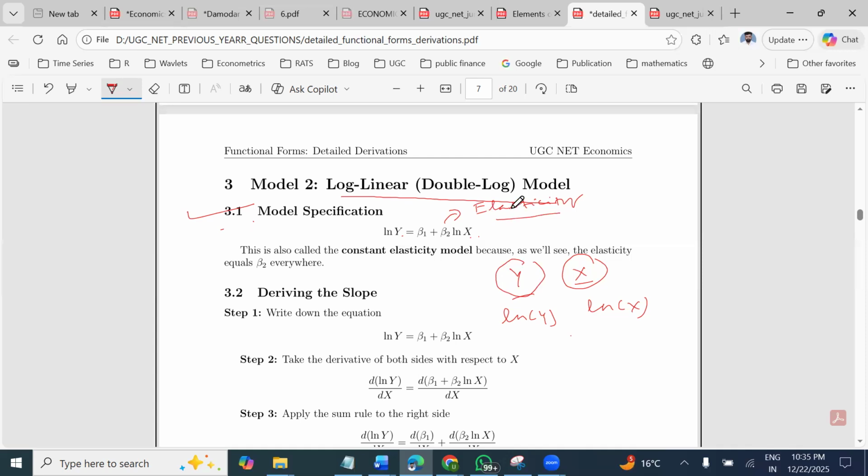Yes, sir. Now suppose, for example, y represents the quantity of commodity Q, then your x represents unit price.